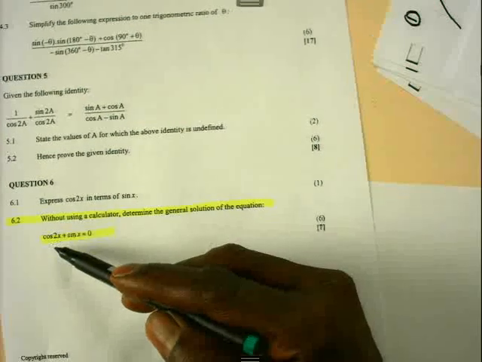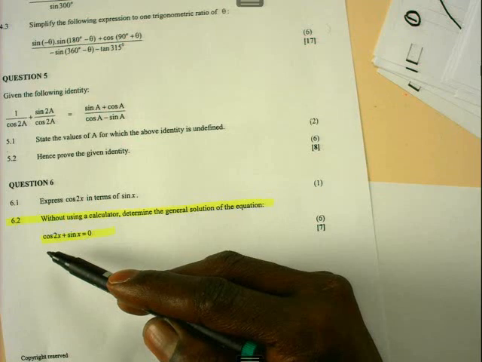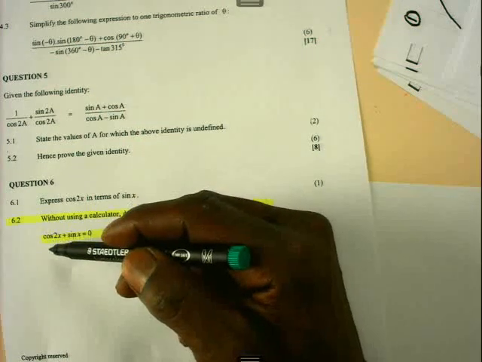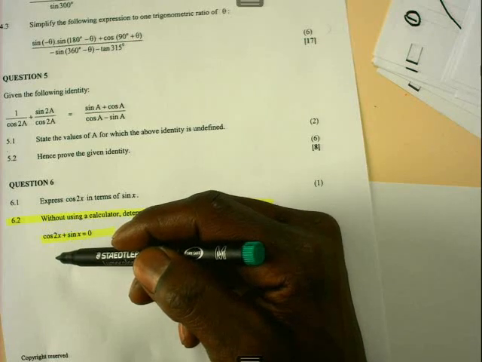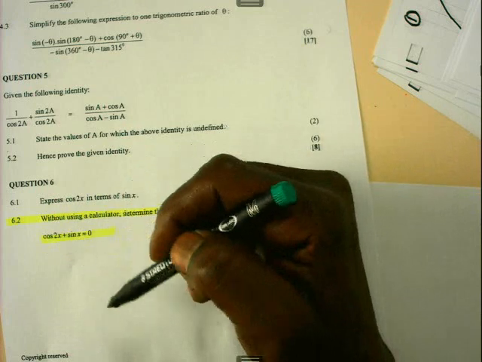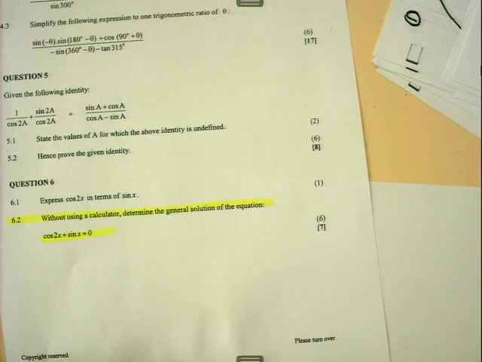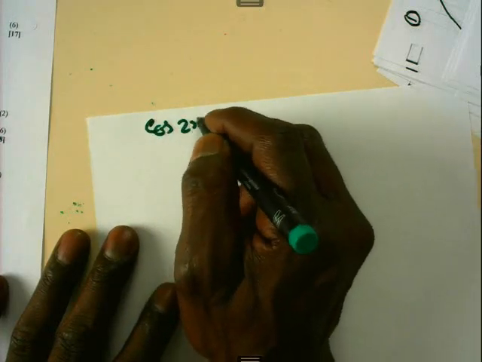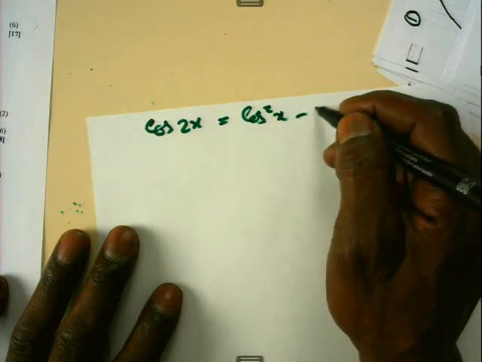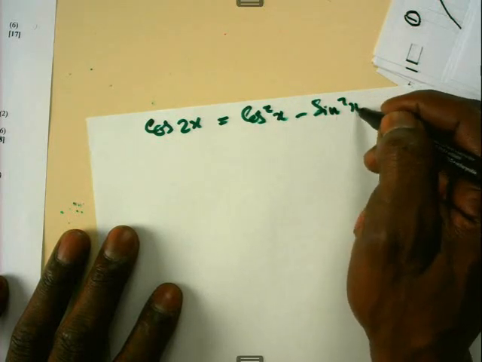In this case, we have cosine and sine x. Now, cos 2x is a double angle. That can be written as cos squared x minus sine squared x. Remember? Cos 2x is the same as cos squared x minus sine squared x.